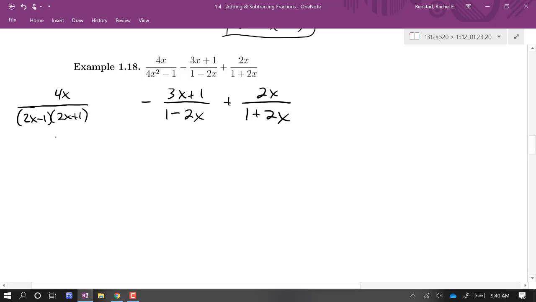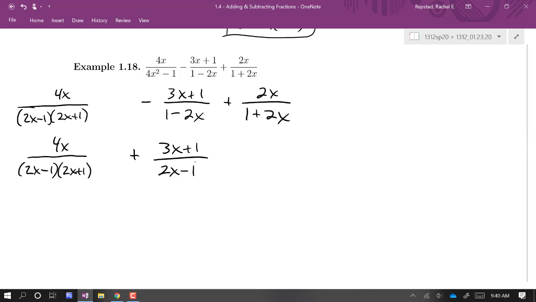So in my next line, that middle fraction, instead of subtracting it, I'm going to change the sign. So I'm going to write this as plus 3x plus 1 over 2x minus 1. That negative 1 I took out, I'm just throwing out in front, so minus a negative is a positive.